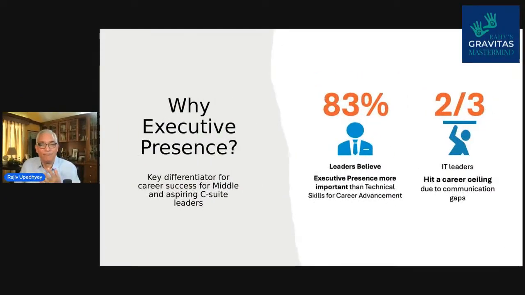Here is some research data, let me just share that with you. Based on a survey from one of the consulting organizations, 83% of the leaders globally believe that executive presence is more important than technical skills in career success and career advancement. So at a personal level, I can tell you this is extremely important.